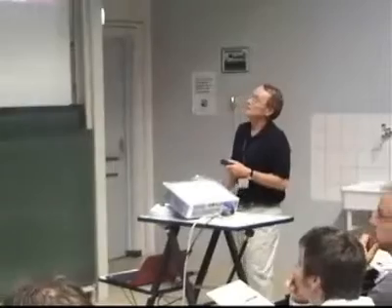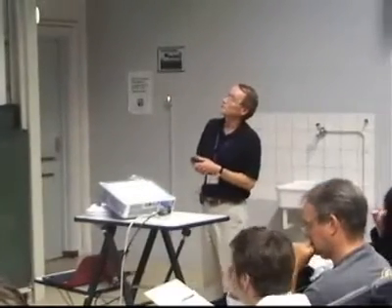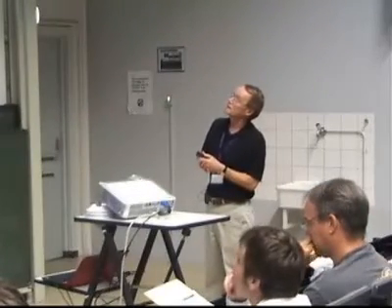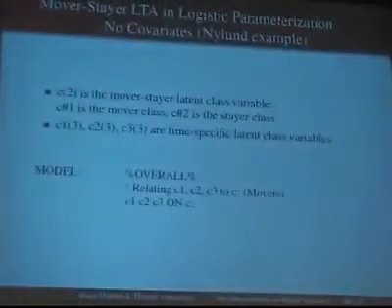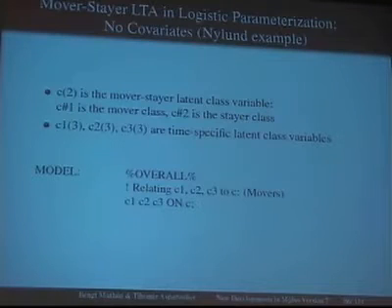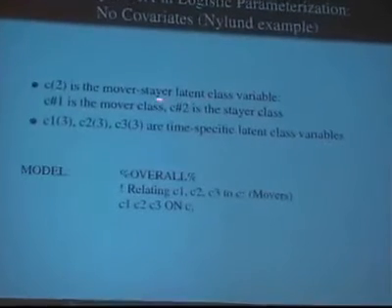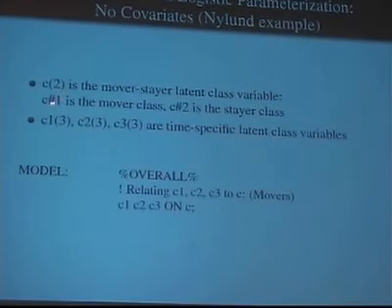So here's the bullying example. No covariates in this case, just illustrating mover-stayer LTA in the classic Mplus logistic parameterization, as it were, up to version 6. C2 is the mover-stayer latent class variable. The first class of C is the mover class, second is the stayer class. And then you have 3 time points, which are the time-specific latent class variables.